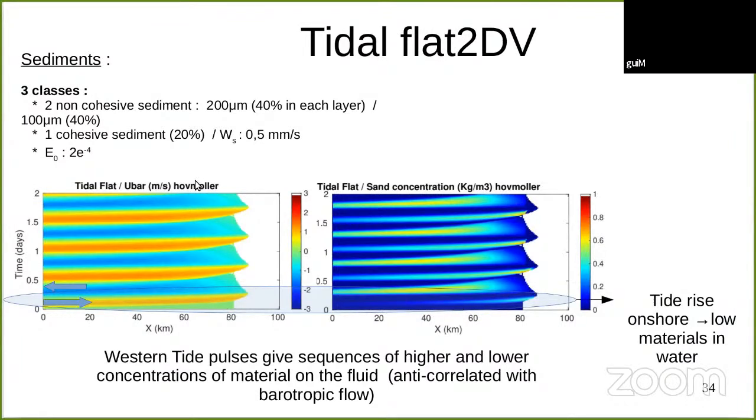And as you can see on this plot, we can see all the cycles and the anti-correlation between the tidal cycle and the concentration in the water. So this is one example.